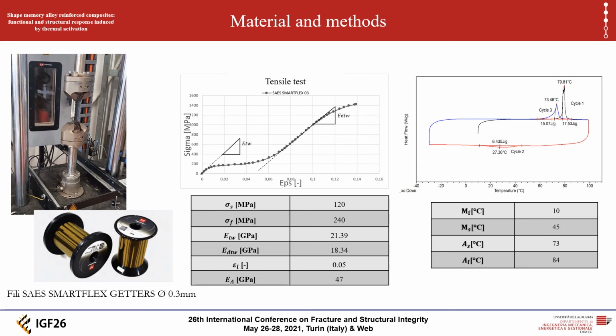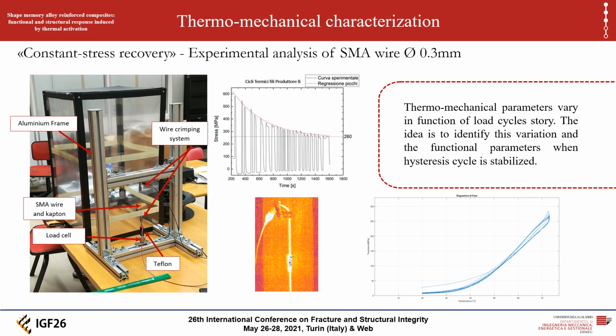Through a tensile test, mechanical parameters such as Young's modulus, the critical stress and transformation strain can be obtained. Stress-free transformation temperatures can be obtained by DSC tests. Investigating the functional properties of SMA, a property degradation can be observed during the activation cycles.